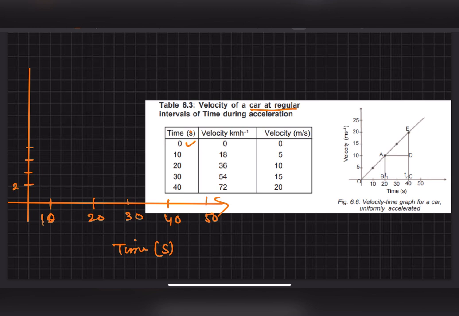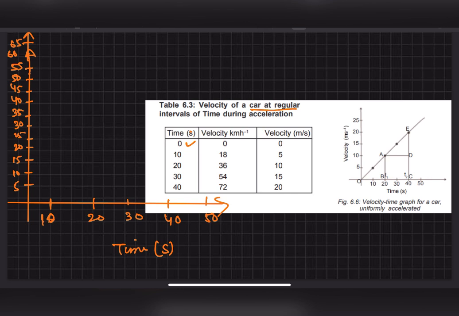Let me start from 5, 10, 15, 20, 25, 30, 35, 40, 45, 50, 55, 60, 65, like this.